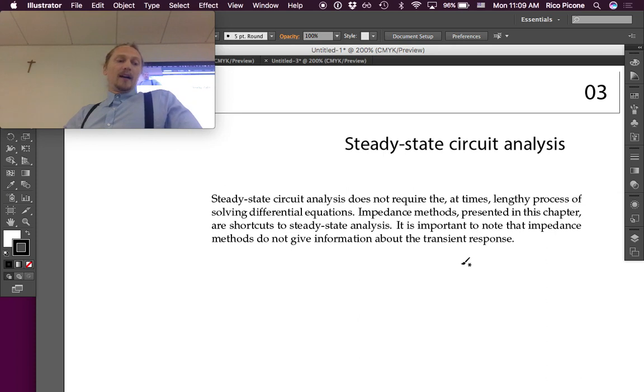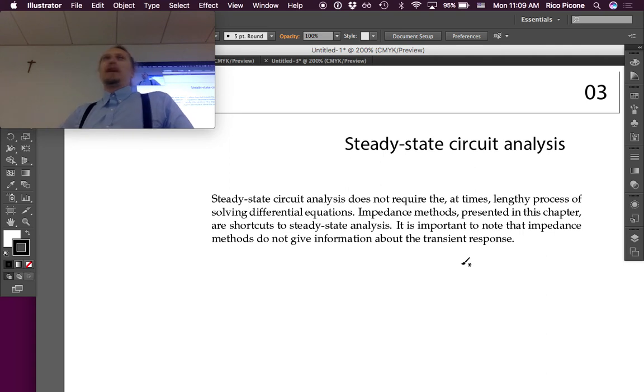But one of the things that we sort of bumped up against in the last example that we did is that the steady state response, for a sinusoidal input, is merely a change in the amplitude and the phase of that sine wave.